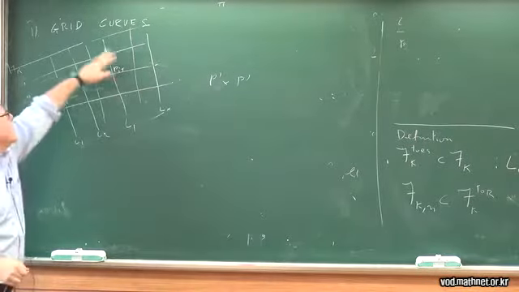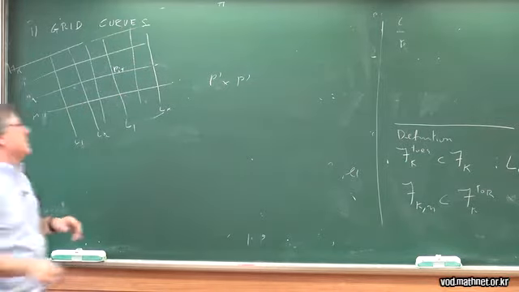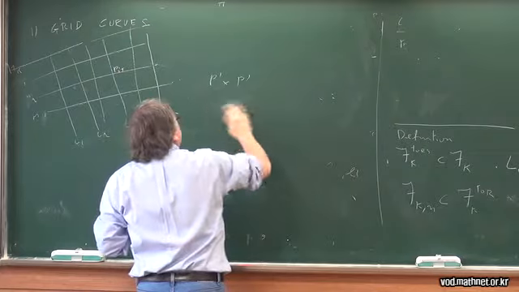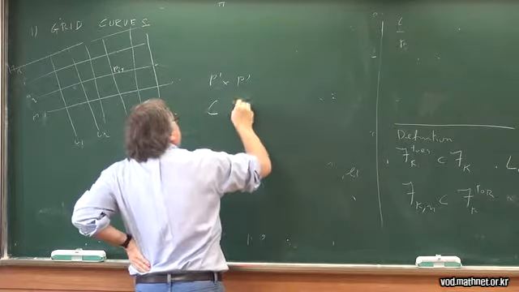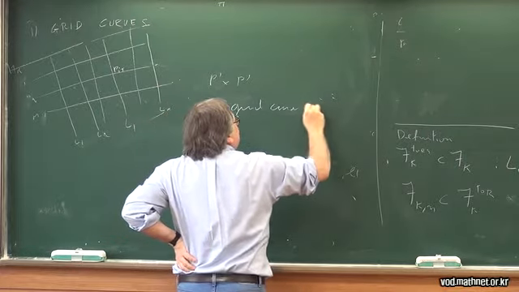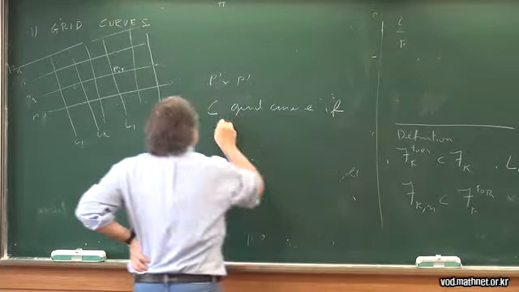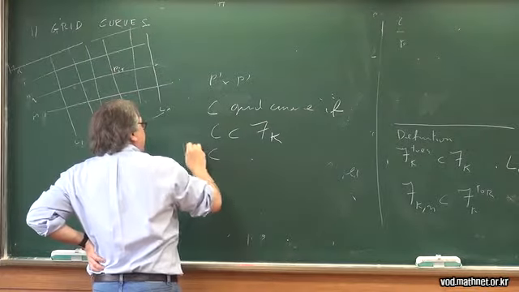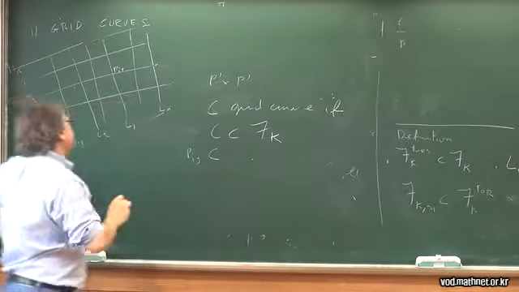And we would like to take the curve passing through these points. Take C in F_k, we call C a grid curve if C belongs to F_k and C contains Pij.